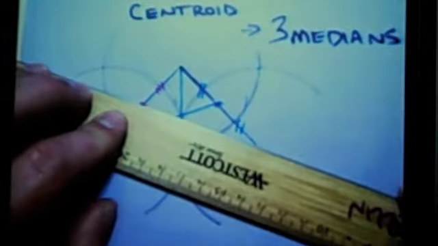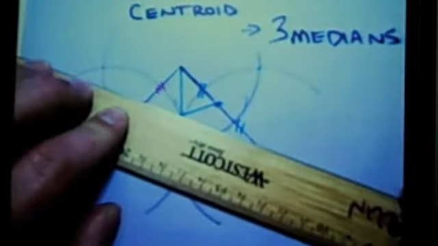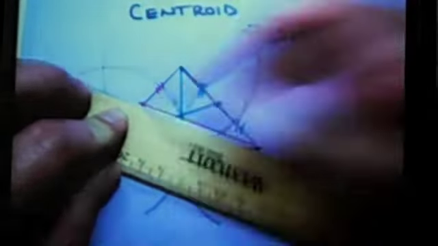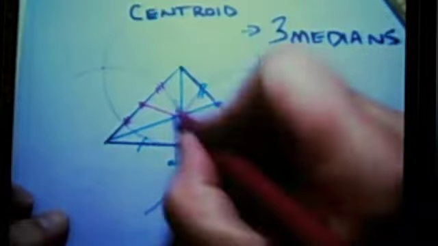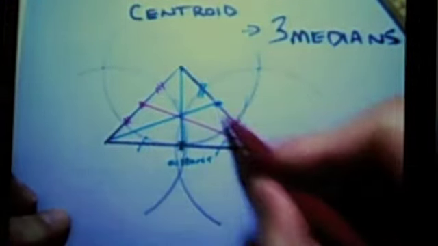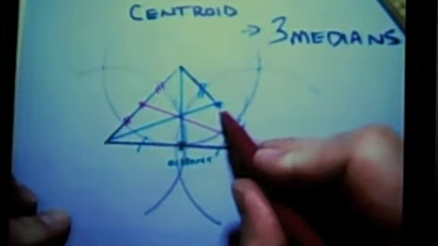And when I connect it to the opposite side over here, if I've done it carefully, it should meet in exactly 1 point. Now in this case I kind of missed. I think it was over here. I slipped a little bit and it should have been farther over.